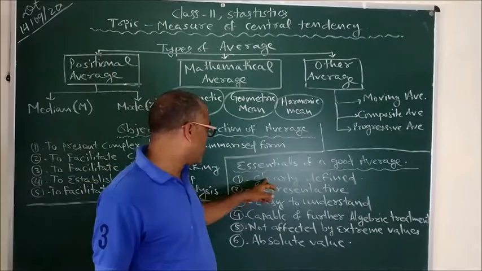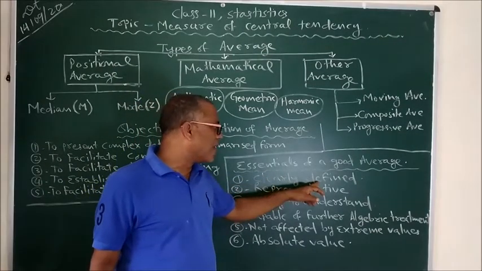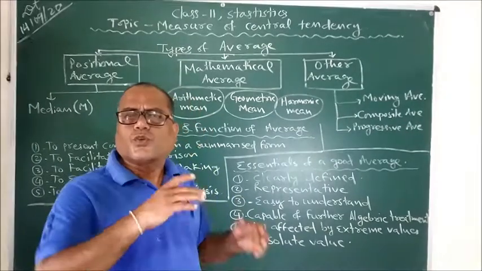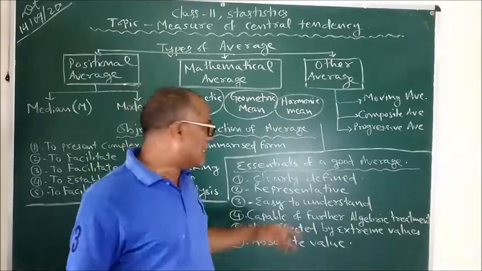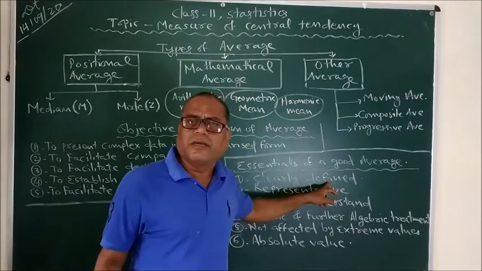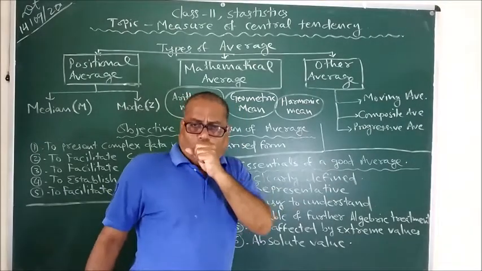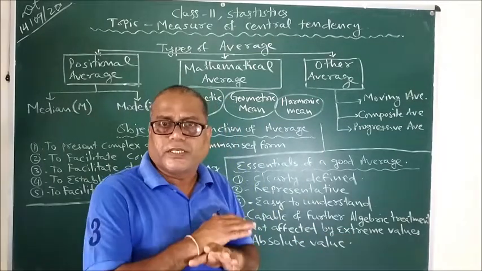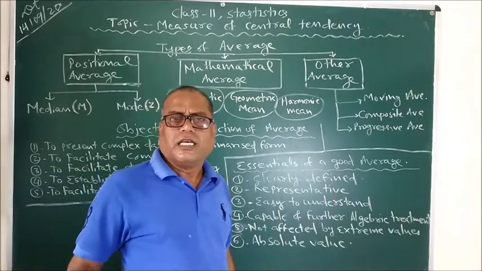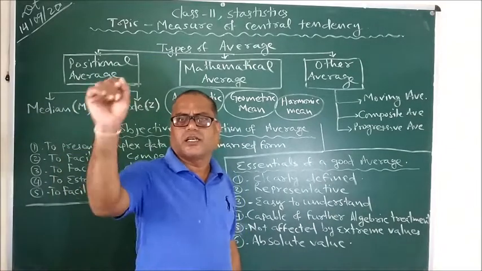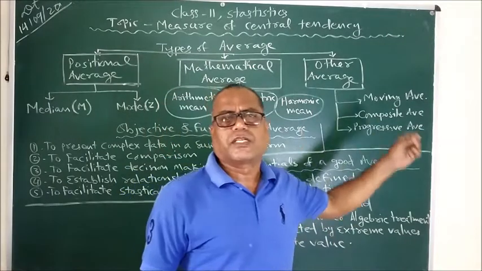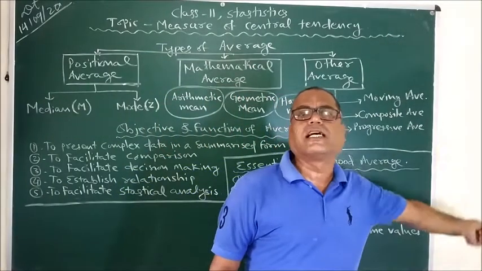First point being clearly defined. That means it must not be complex. Clear definition, what does it mean? It means that the process of finding an average should be so clear that if Mr. A is finding it and getting a result, Mr. B must be getting the same result, Mr. C getting the same result, Mr. D getting the same result.